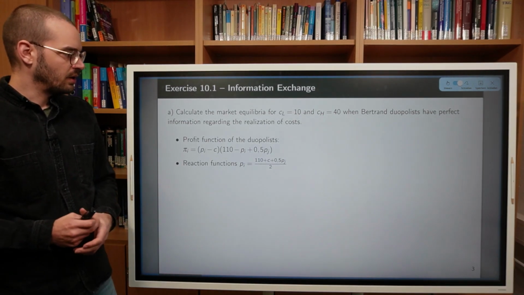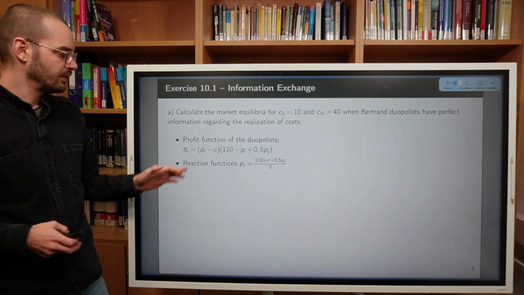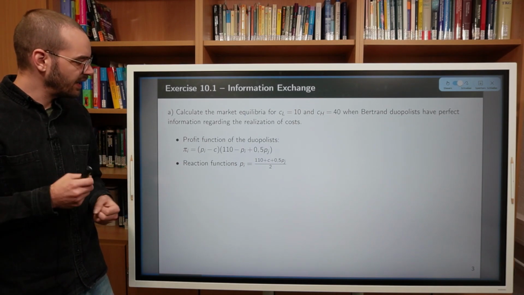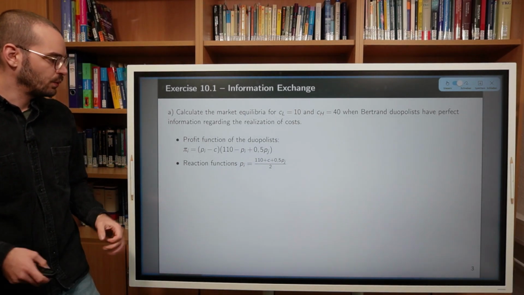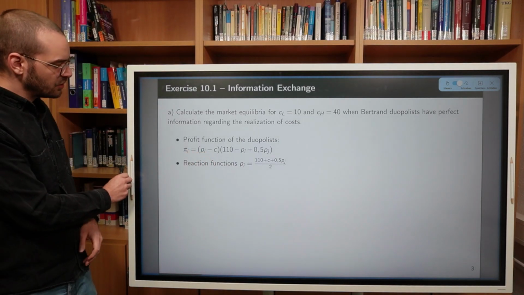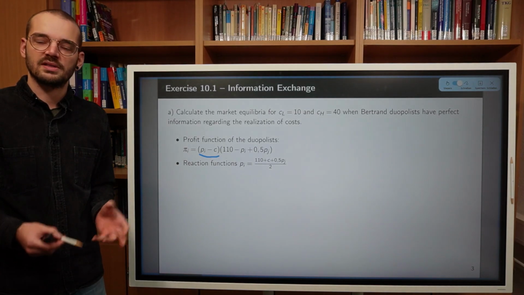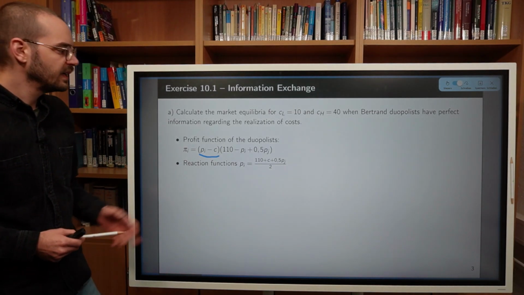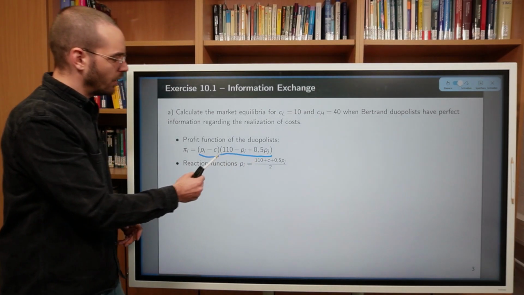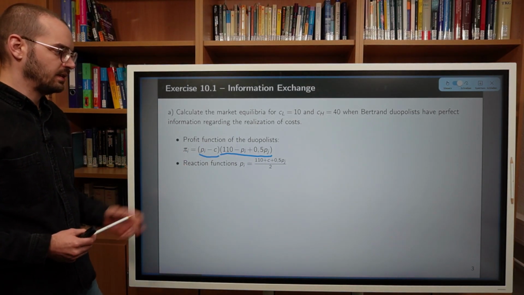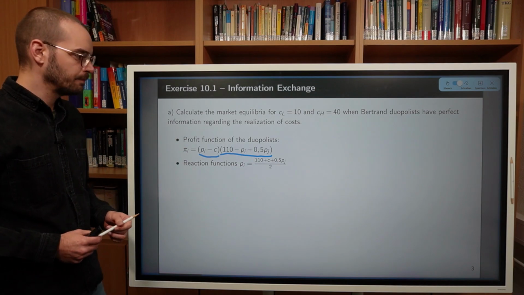So the profit function of the duopolists in general reads: the profit pi i for firm i equals the profit margin of firm i, so Pi minus C, the marginal costs of the respective firm, times the quantity demanded, which is of course the demand function we introduced earlier.